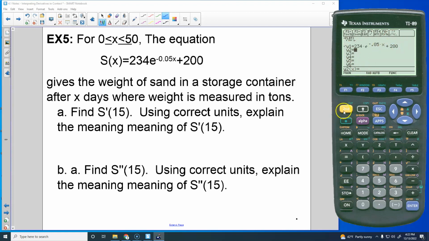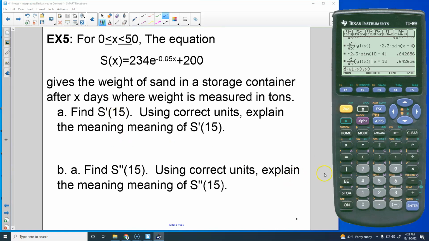So if I go back to the main screen, really I can just do what I did the last time, but I'm going to type it in again so everybody's with me. You're doing the derivative of s, so we're going to differentiate y1 of x, comma x, and close our parentheses.